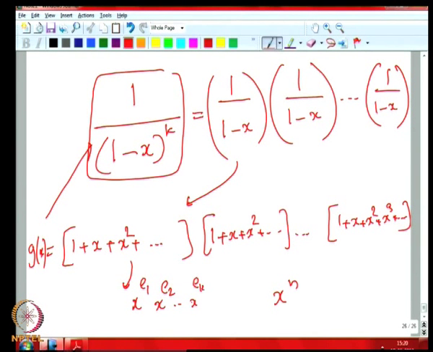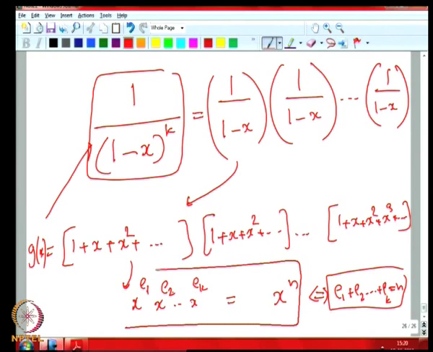So this can become equal to x raised to n when E1 plus E2 plus up to Ek equals n. That means the selected E1, E2, up to Ek form a solution for that equation, a non-negative integer assignment such that they add up to n. So this is what we can do.